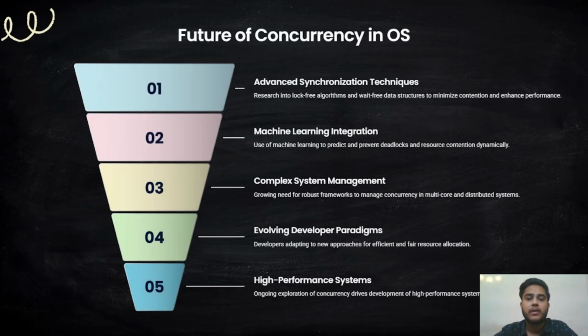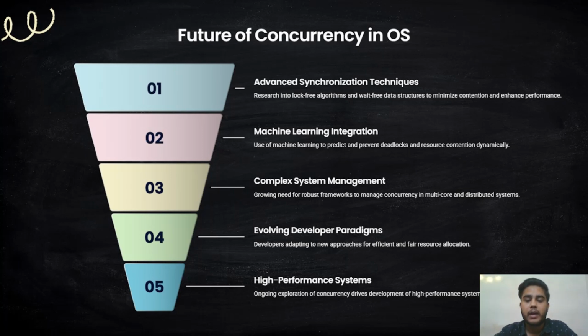Future of concurrency in OS. Advanced synchronization techniques: research in lock-free algorithms and wait-free data structures to minimize contention and enhance performance. Machine learning integration: use of machine learning to predict and prevent deadlocks and resource contention dynamically. Complex system management: growing need of robust frameworks to manage concurrency in multi-core and distributed systems.